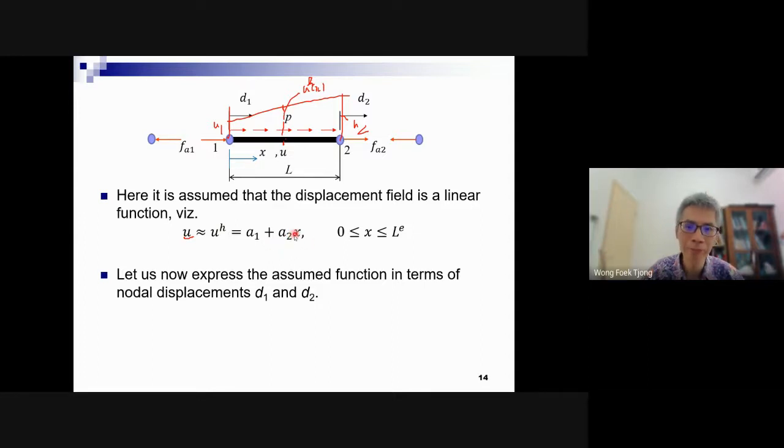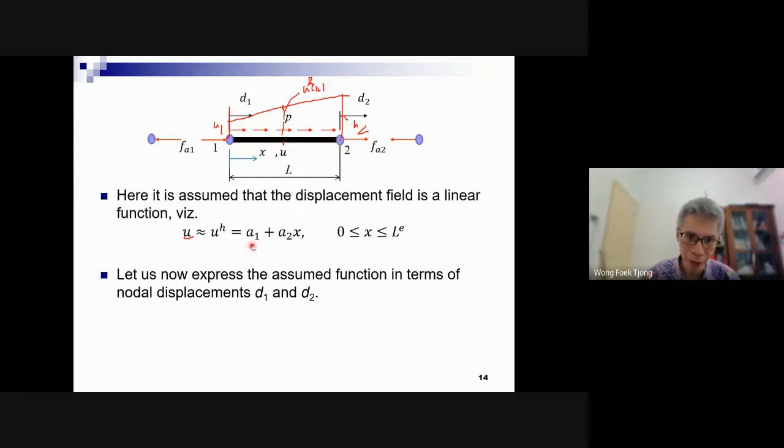linear polynomial, okay? Well, what is A1 and A2? Unknown coefficients. Yes, we can express the problem in terms of unknown coefficients, but in finite element, we don't want to express the unknowns in terms of unknown coefficients. We want to express this in terms of nodal displacements, D1 and D2, or U1 or U2, because we have U1 and U2 right in here. What should we do?